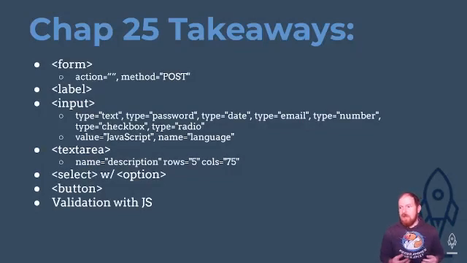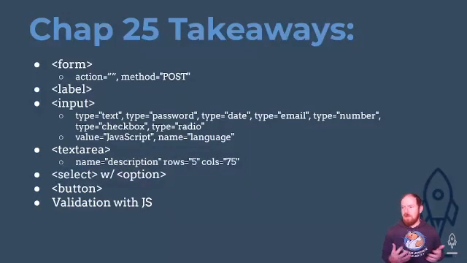Your label is helping the users say whenever they're putting in the input, what are they really putting in the input? I did put a bunch of different input types in here: text, password, date, email, number, checkbox, radio. You can assign values. These are default values, such as the example they gave was JavaScript.